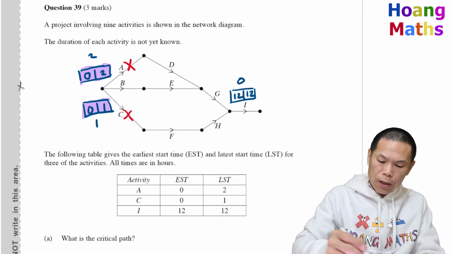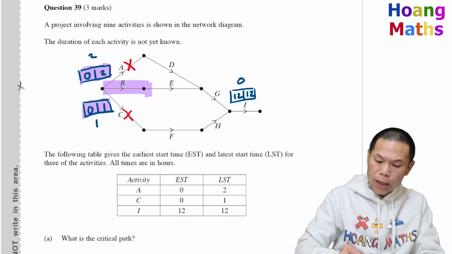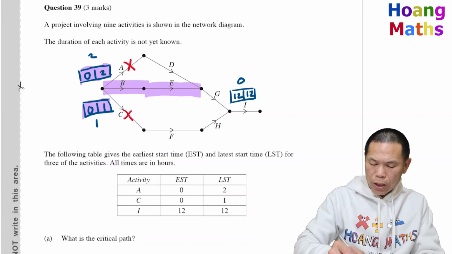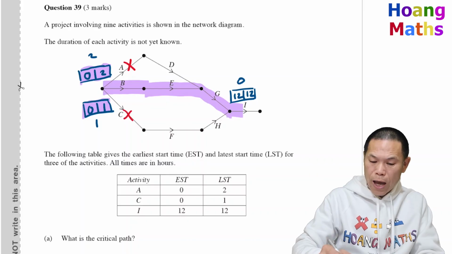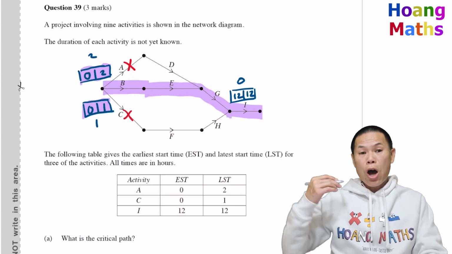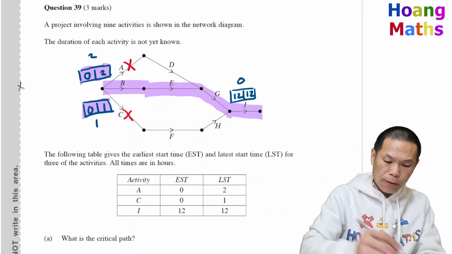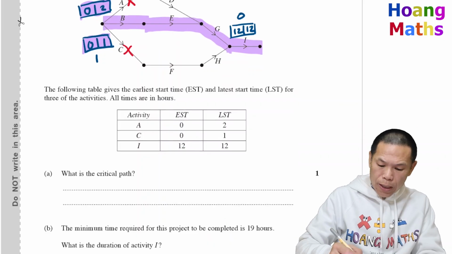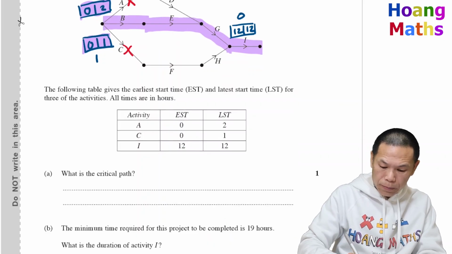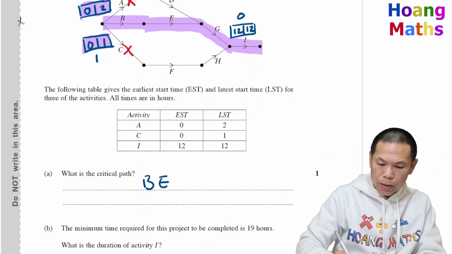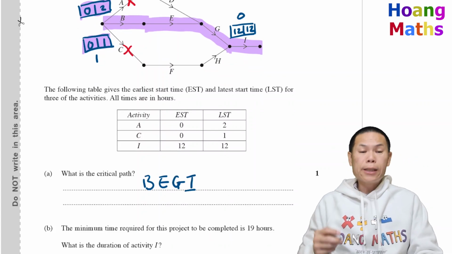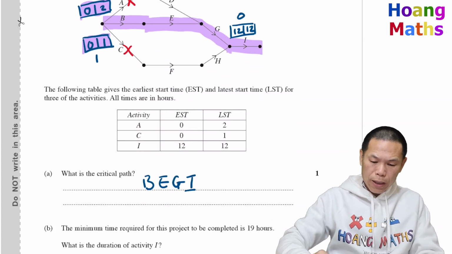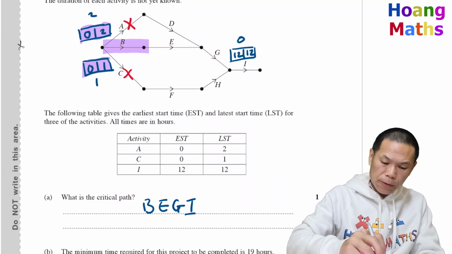So that means we have only one option here. So it B, E, so we can only go this way and then to I. So that is the option. So that is B, E, G, and I. So this is the critical path. So let me just clear this first.